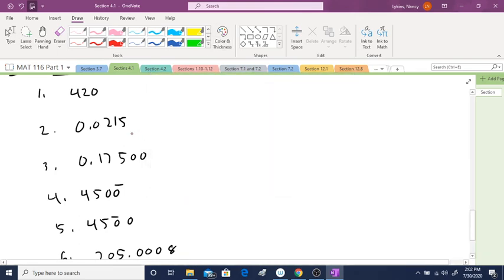Okay, in the first one, I see a 0. Is it significant? Well, I don't see a decimal, so it's not. That means I've got 2. Number 2, remember zeros left of the significant digit don't count, so I've got 3.